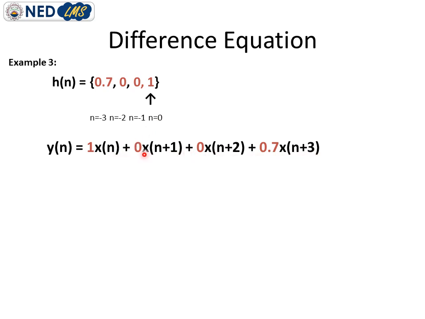So the equation represents the advanced version of the input, which is already applied before the time instant n is equal to 0. This expression yields the output at n is equal to 0, but it depends upon the advanced version of the signal, which means the values of the signal are already taken and it is producing some output. That's why we are obtaining output at n is equal to -1, -2 and -3.